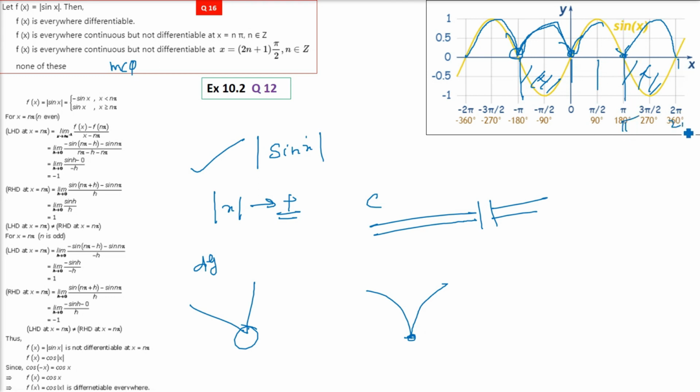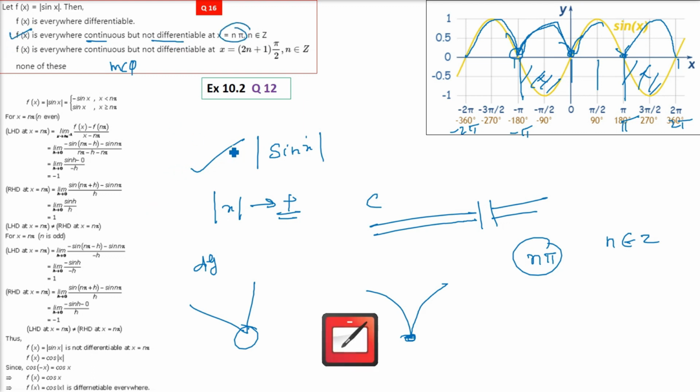So you have pi, 2 pi, negative 2 pi, you can just call it n pi. At n pi, n is basically an integer here, because 1, 2, negative 1, negative 2, all these are integers. So when n belongs to Z, this modulus sin x is going to give you continuity, but no differentiability at x equals to n pi.